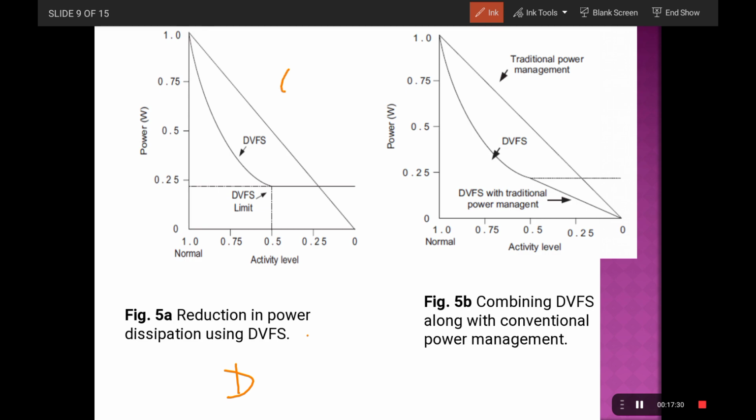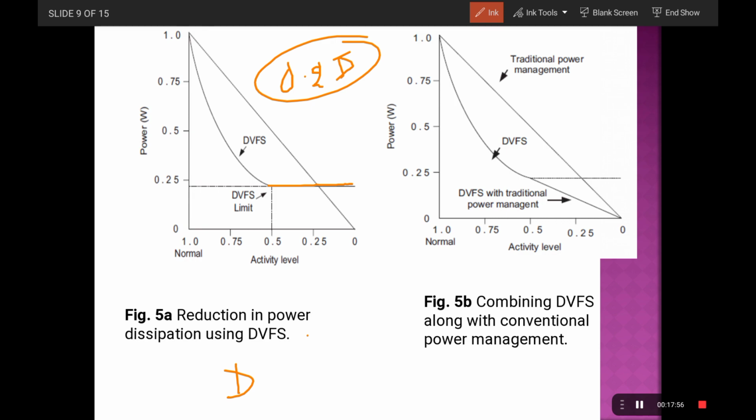But for some devices, it is possible to reduce the power supply only up to 0.25. Beyond that, it is not possible to reduce the power dissipation. Why? Because 0.25 is the minimum voltage you have to apply to the device. If you reduce the voltage beyond 0.25 volts, the device cannot perform the normal operation. That is the drawback.